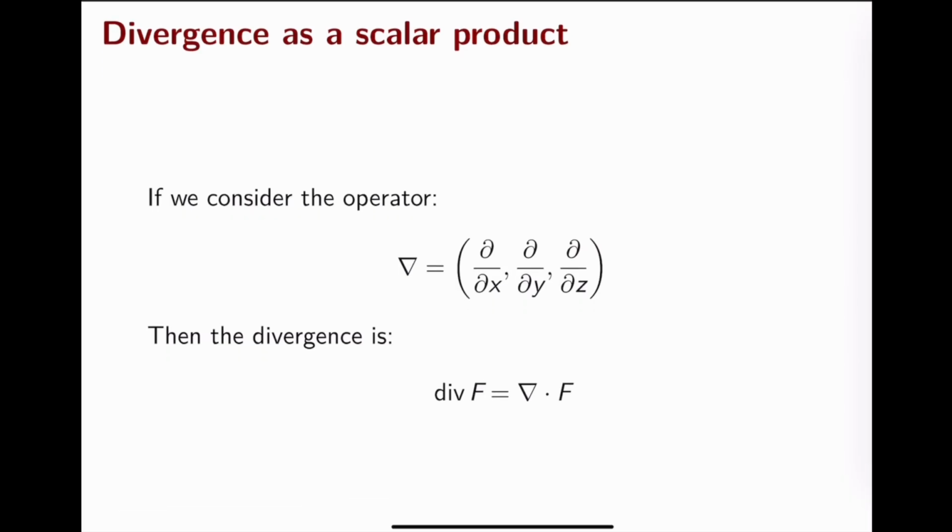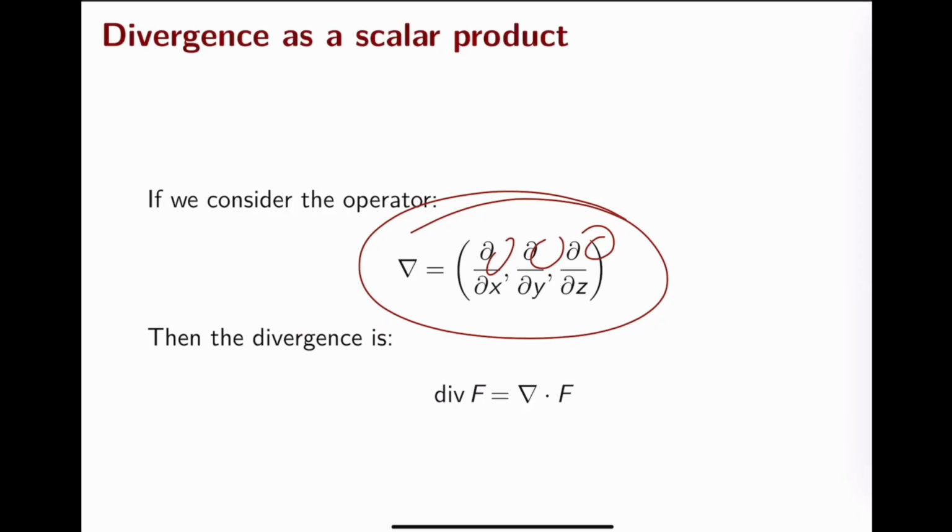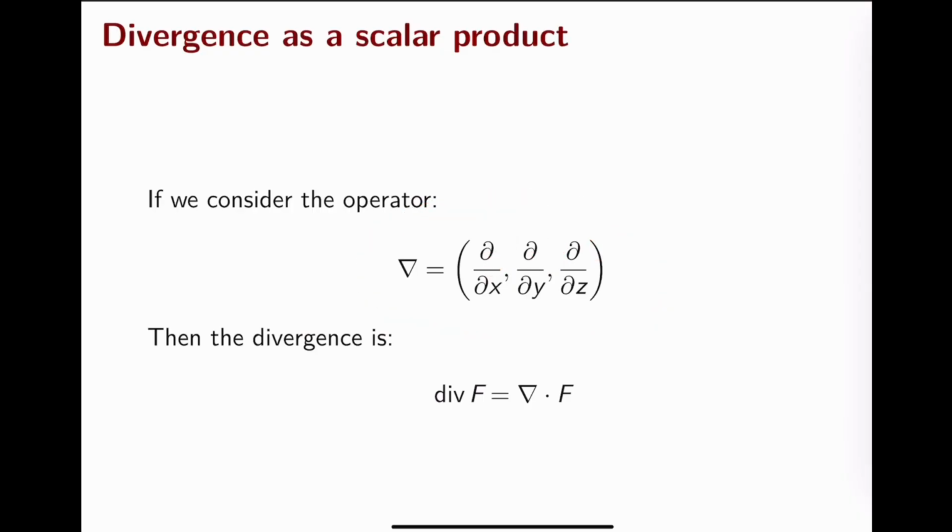Okay, so in order to remember this calculation, we could consider the operator given by just the derivatives. I mean, just the act of calculating the derivative, right? Observe that there is no function here. So we could consider this operator that means to do the derivative with respect to x, y, and z. And if we multiply, as a formal vector dot product, the actual components of the vector field, then we are going to have the divergence.